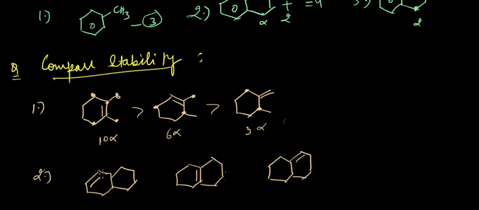How many alpha hydrogens does this compound contain? 2 plus 1, 3 alpha hydrogens. How many for this one? 2 plus 2 plus 2 plus 2, 8 alpha hydrogens. How many for this compound? 2 plus 2 plus 1, 5 alpha hydrogens. So the order would be 2 is greater than 3 is greater than 1. This is the stability order.